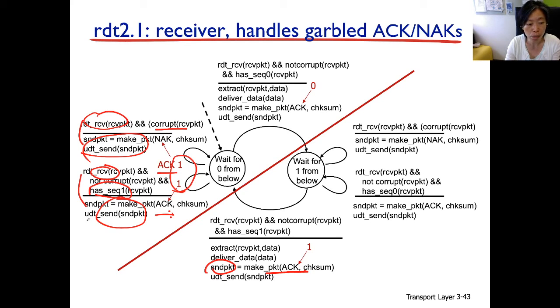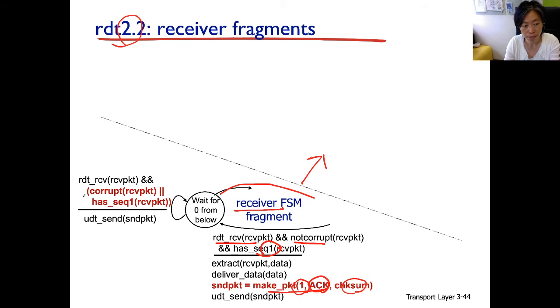And so if we just simply call this, then we combine the two transitions and make it very brief, like this. RDT, either corrupt or carrying sequence number 1, simply send back the send packet that has been generated here, which is an ACK with sequence number 1.